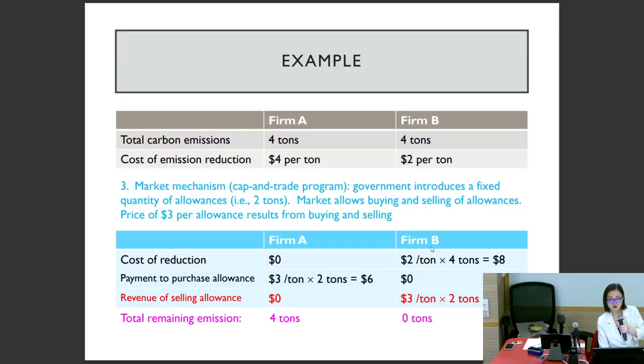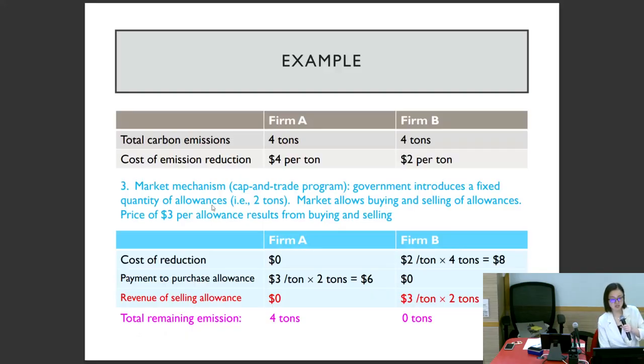Okay, so for firm B, they will pay $8 for reducing 4 tons of emissions and then selling 2 permits to the market and earning $6. So for firm B, they only need to pay $2, right? And for firm A, they need to pay $6, okay? And the total remaining emissions will still be 4 tons.